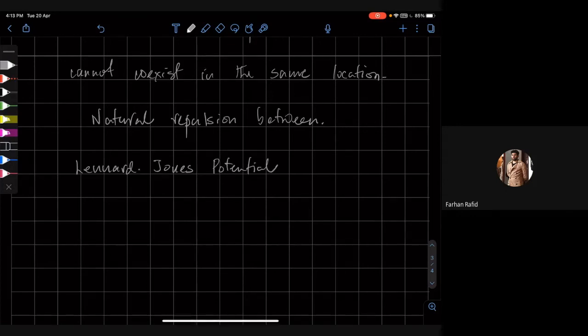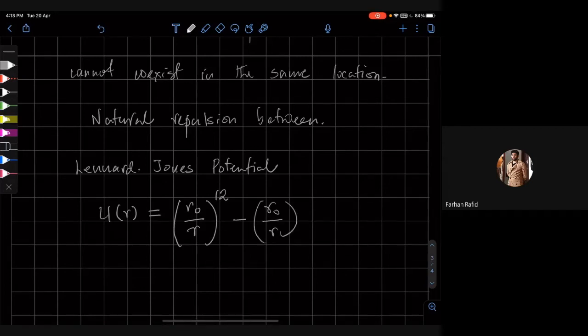And the idea is something like, you take U of R, which is the potential between two molecules, and at very short distances, you have a repulsive potential because of the plus sign. And at greater distances, you have an attractive potential.